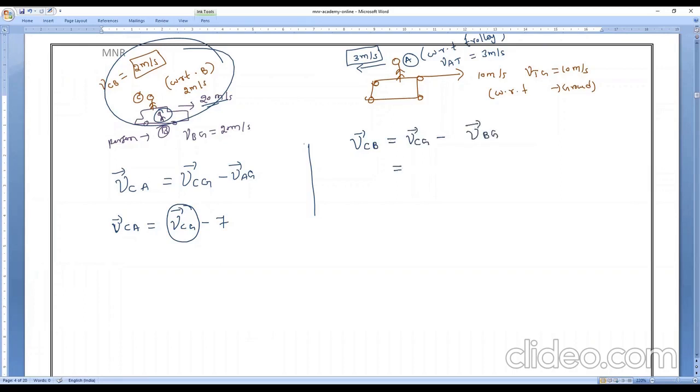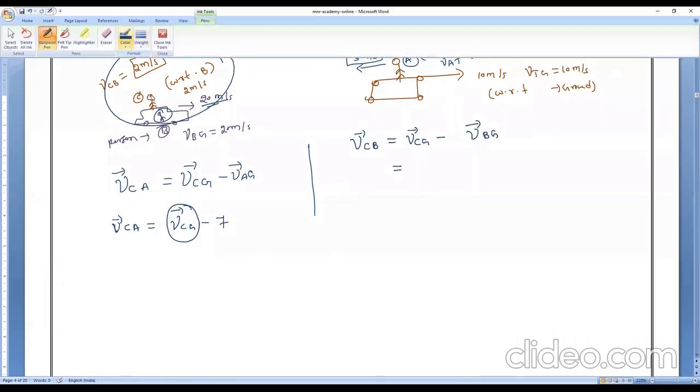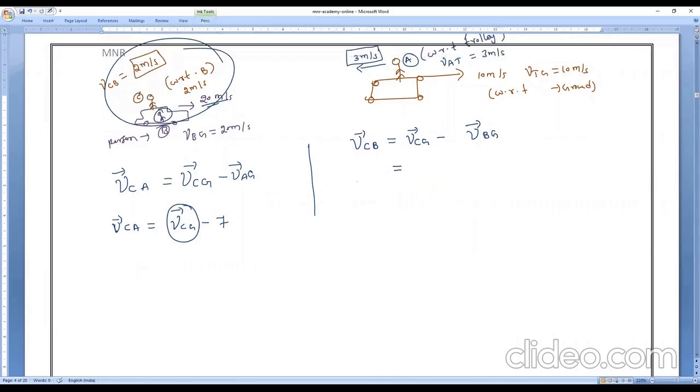Understood or not? Yes, sir. Now, the velocity of C with respect to B is how much? 2. So the velocity of C with respect to ground minus the velocity of B with respect to ground is 2.